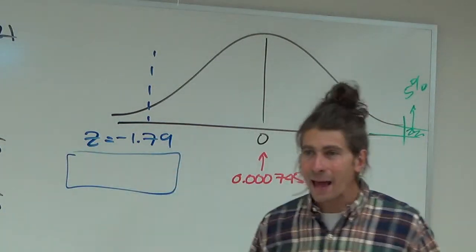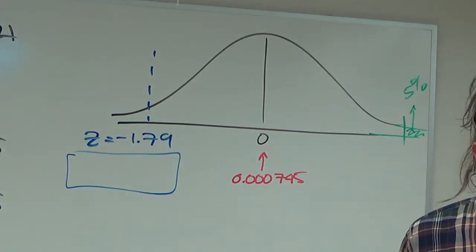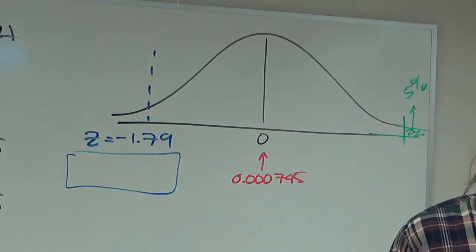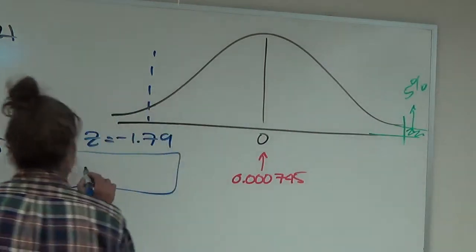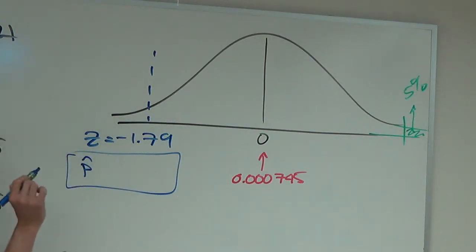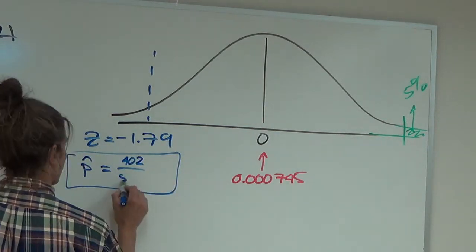If you want that percentage, you can simply divide 402 by 590,000 and you'll get that percentage if you want to get it. You don't need to. Articles won't tell you what it is. Not always. Sometimes they will. But you can easily get that percentage if you divided. It would be p hat, wouldn't it? 402 divided by 590,000.